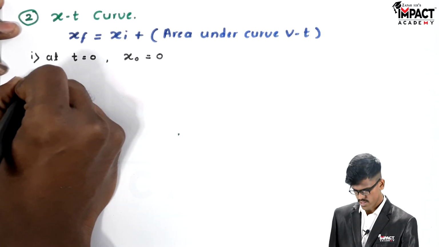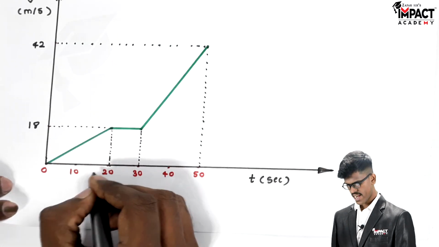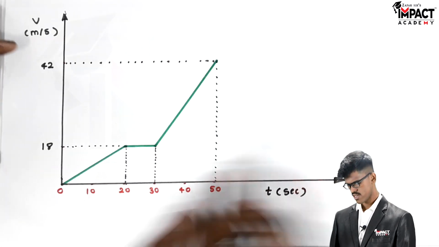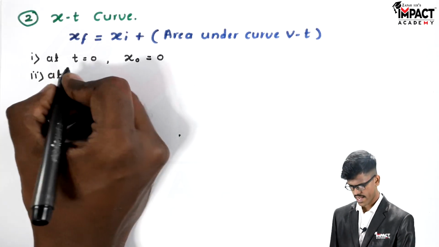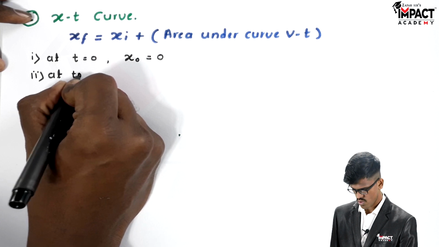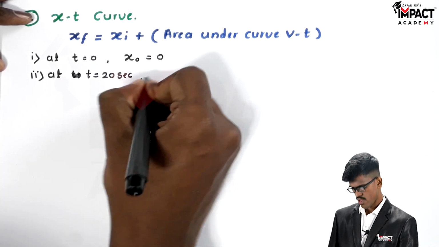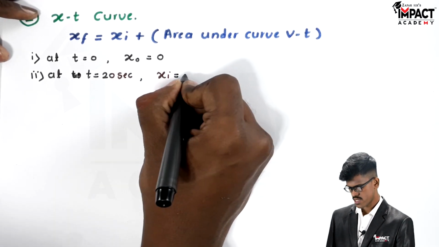Okay, second, now we find out directly at 20 seconds. Okay, not at 10 seconds, directly find out. Let's find out at 20 seconds. Okay, that t is equal to 20 seconds. The initial position will be 0, we consider 0.